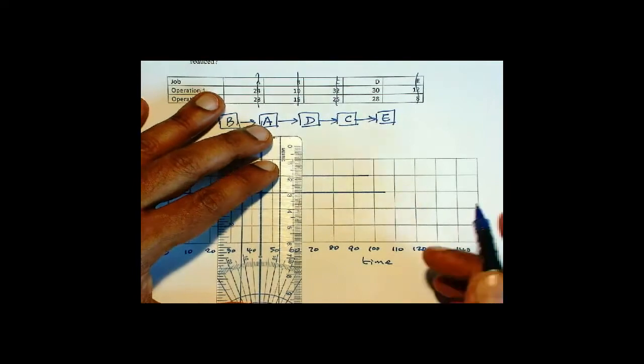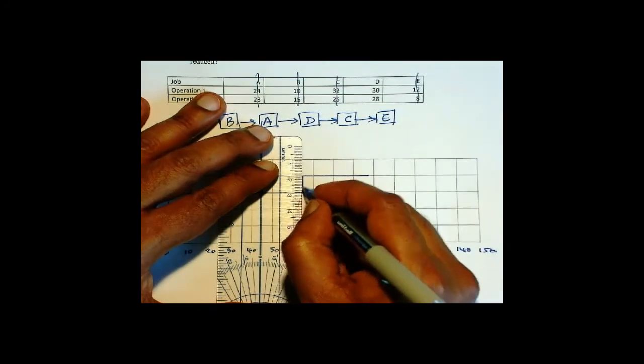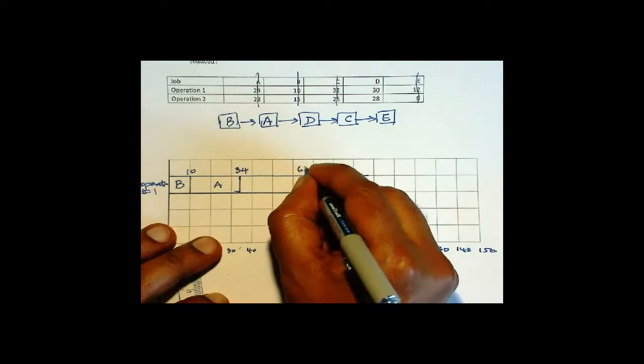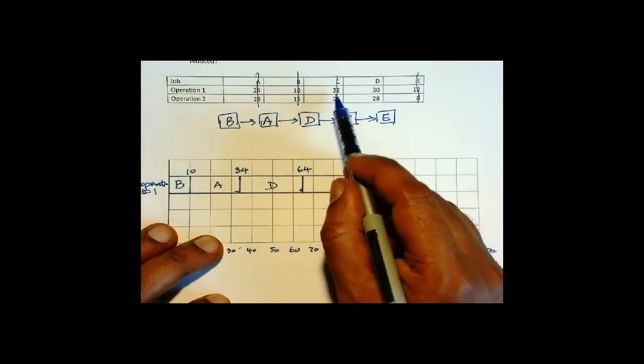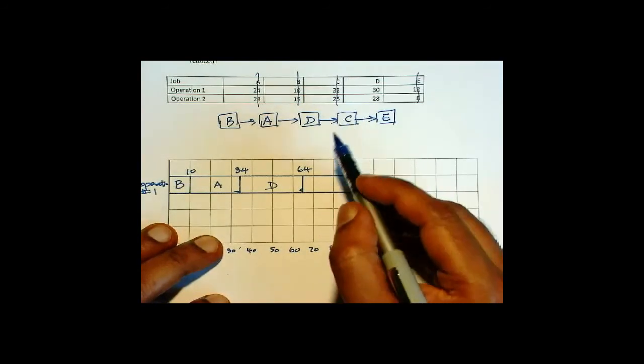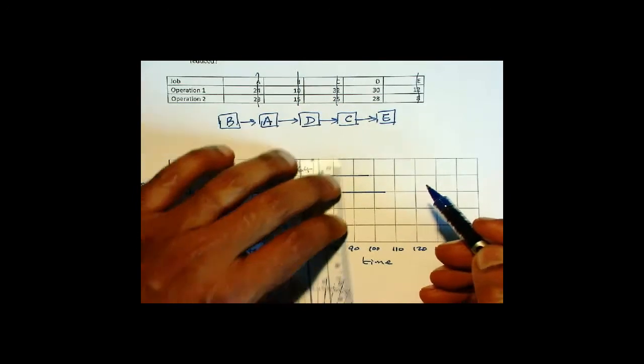So 64 is D. And then C. C needs 32, so that will take us to 96.